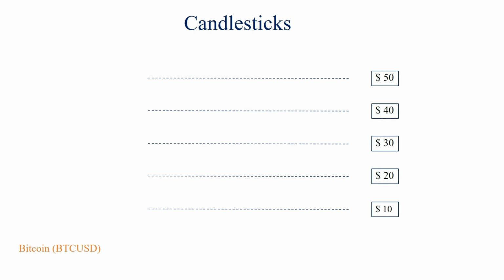Also, I brought you an arbitrary instance from Bitcoin, and we presume that the opening price of the market is $30. For example, at 8 p.m., when the market is open, the first price of trading was $30, and we assume that the closing price on that day was $40.